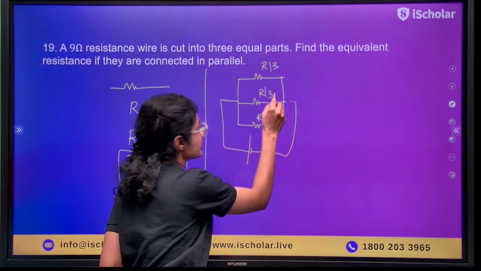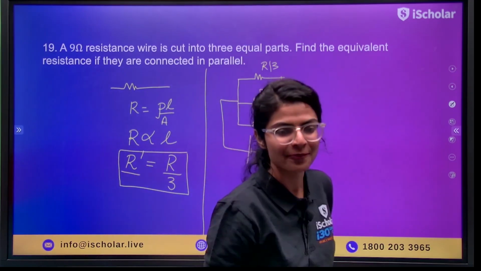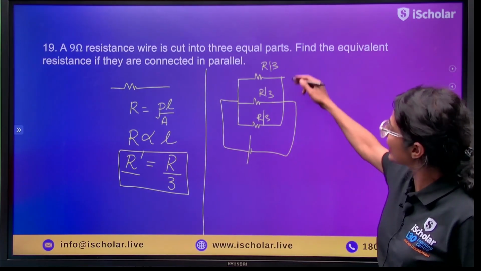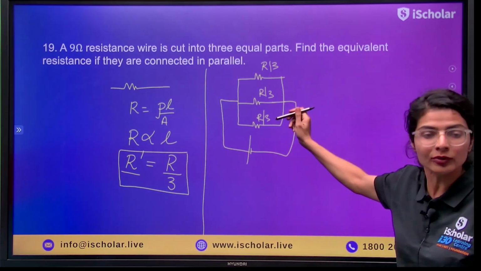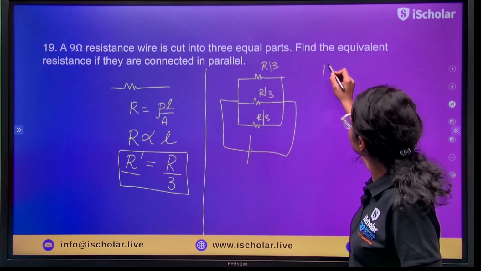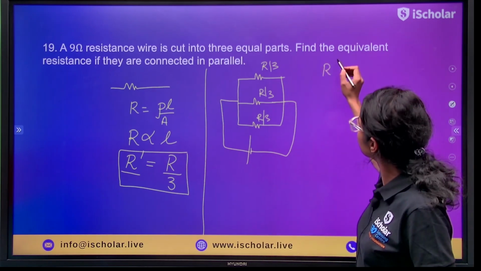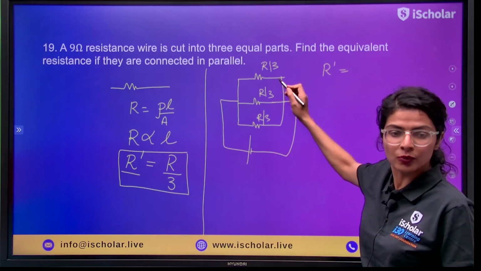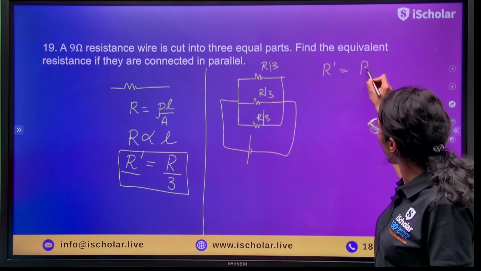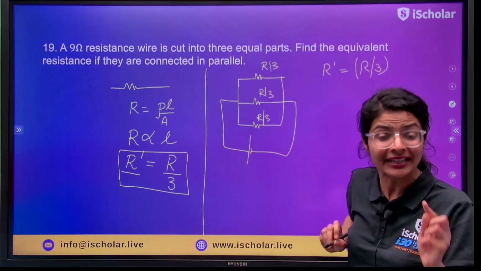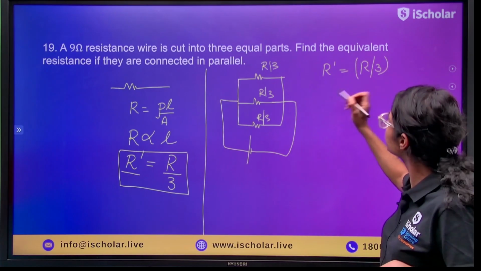Now it is asked to calculate the total resistance. So we know that if three things are in parallel and they are all the same, we can simply say that the total resistance R dash would be the value, divided by the number of times you have used them.